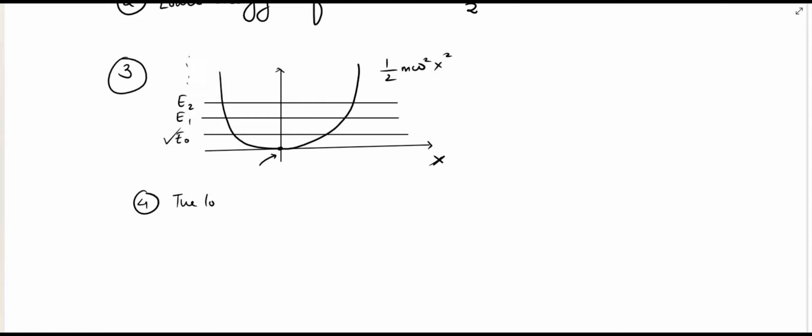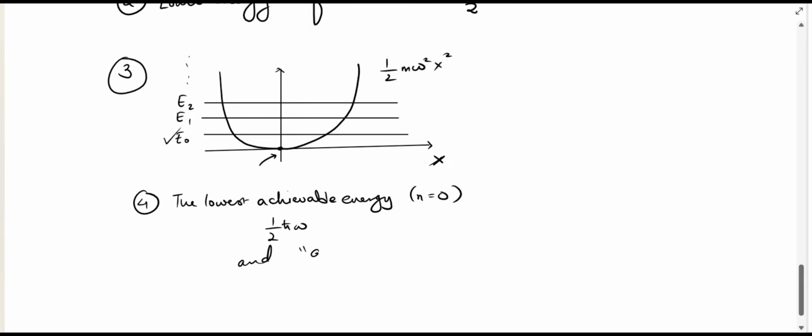The lowest achievable energy in a quantum harmonic oscillator is at n equal to 0, and it is half h bar omega, and it is called the ground state energy.